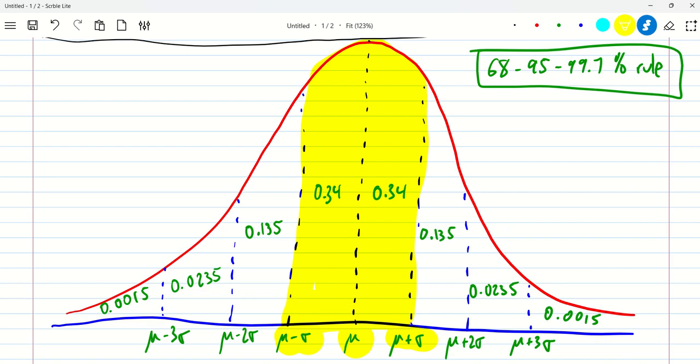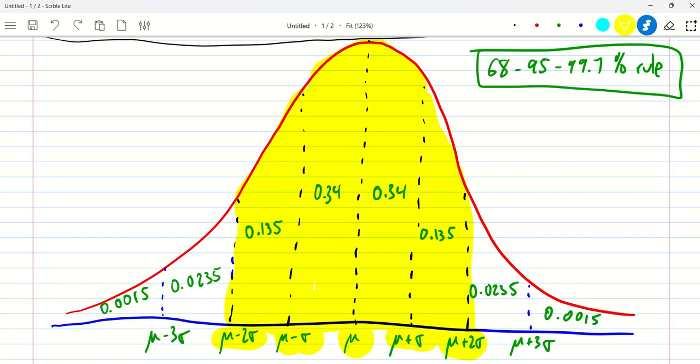95, where does that come from? Well, if we stretch out to 2 standard deviations from the mean, then all of that yellow area, including the first lot of areas in there, is 95%.